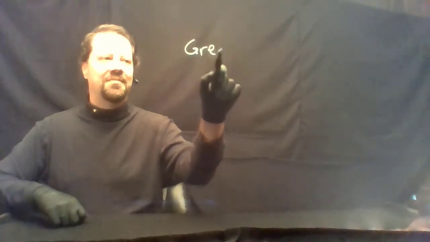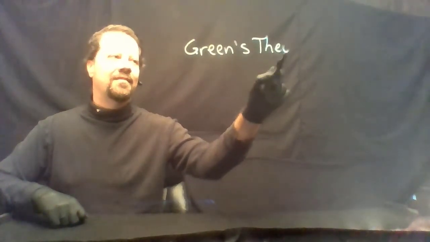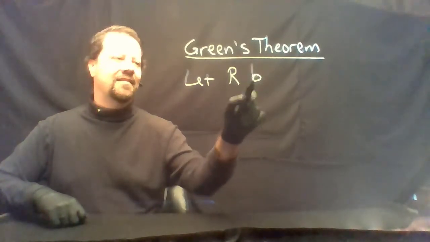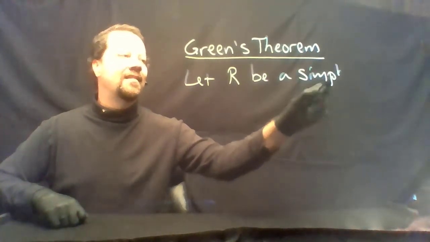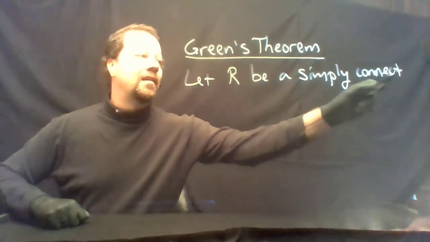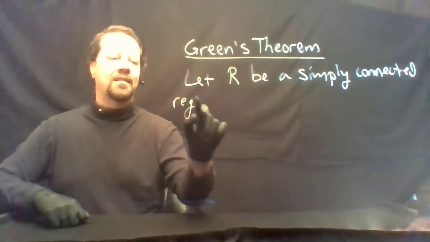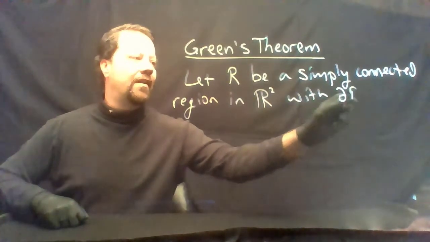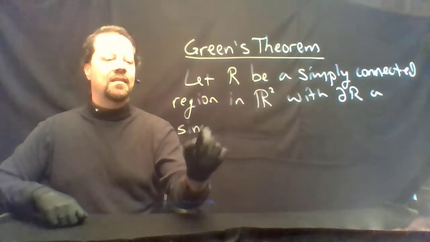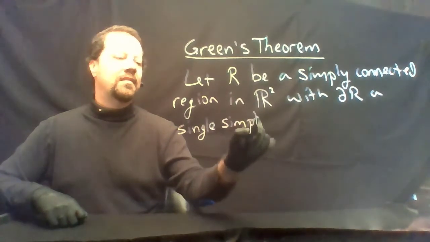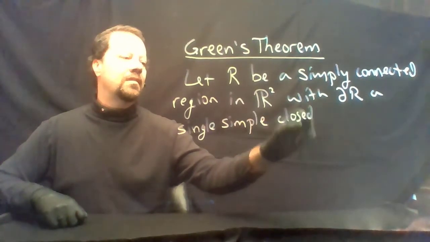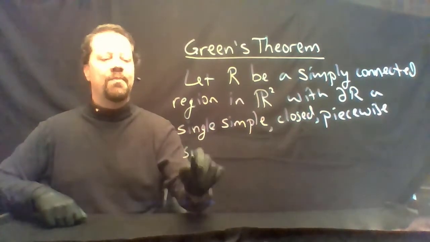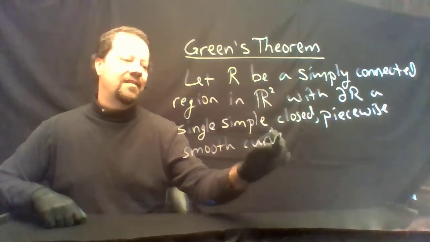We're ready for Green's theorem. Let R be a simply connected region in the plane with the boundary of R a single simple closed piecewise smooth curve.